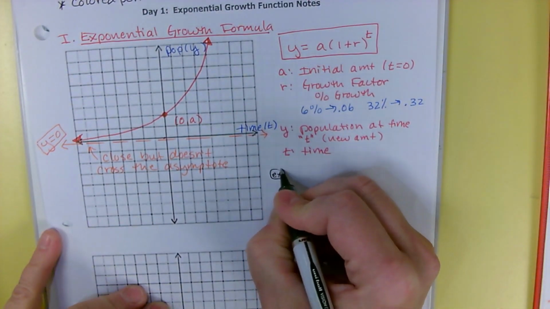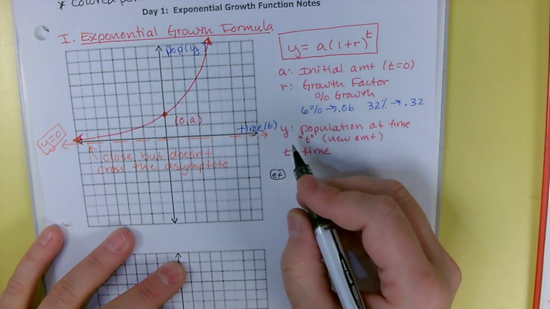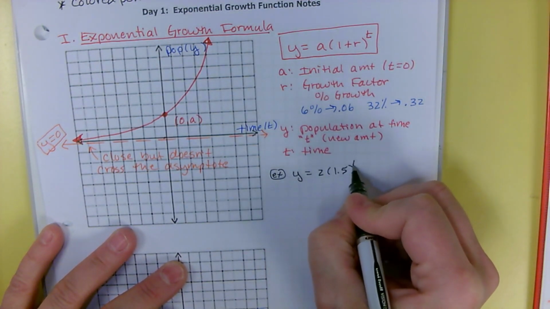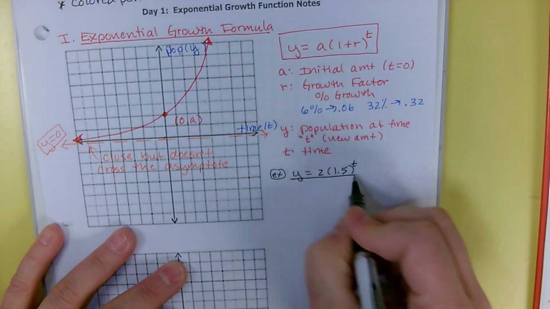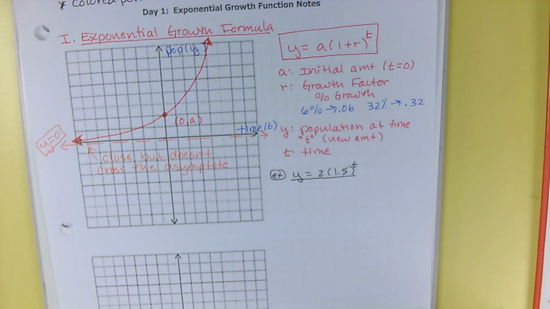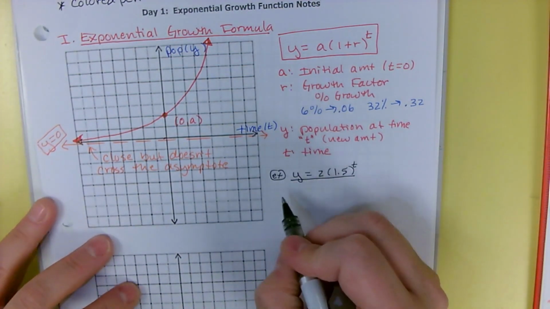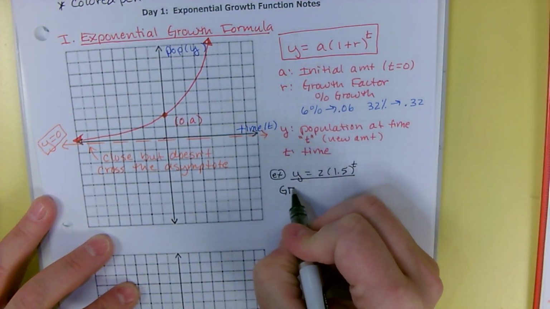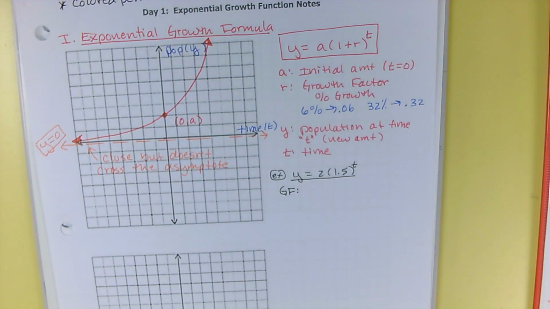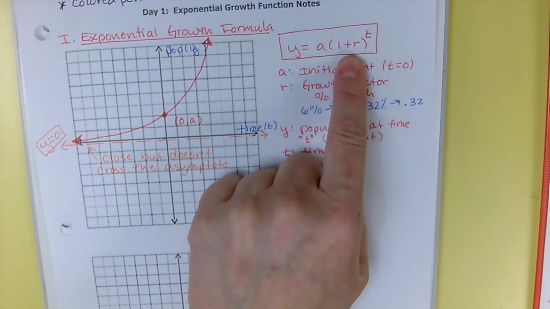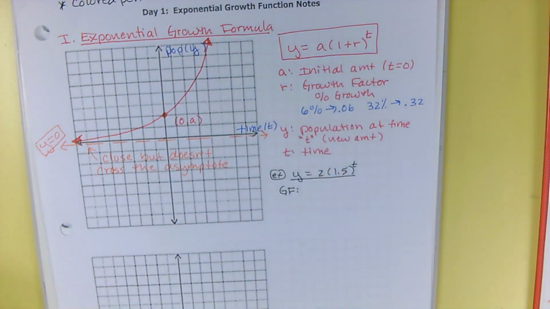Okay, let's do an example using a population growth. Y equals 2 times 1.5 to the power of t. If you're looking for the growth factor, you have to realize that the decimal you're seeing on the inside is 1 plus r. It's 1 plus the growth factor.